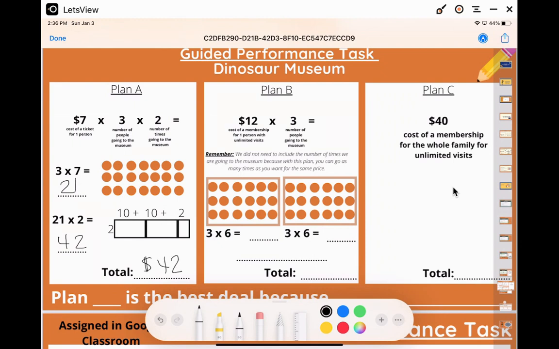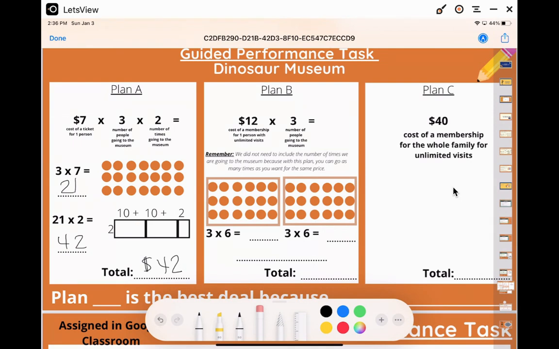For Plan B, remember, we did not need to include the number of times we were going, because with this plan, you can go as many times as you want for the same price. So we multiplied $12, which is the cost of the membership for one person, by 3 because that was the total number of people who were going. And we made an array, but here I showed another strategy that's very similar to what we did on Monday with the distributive property.